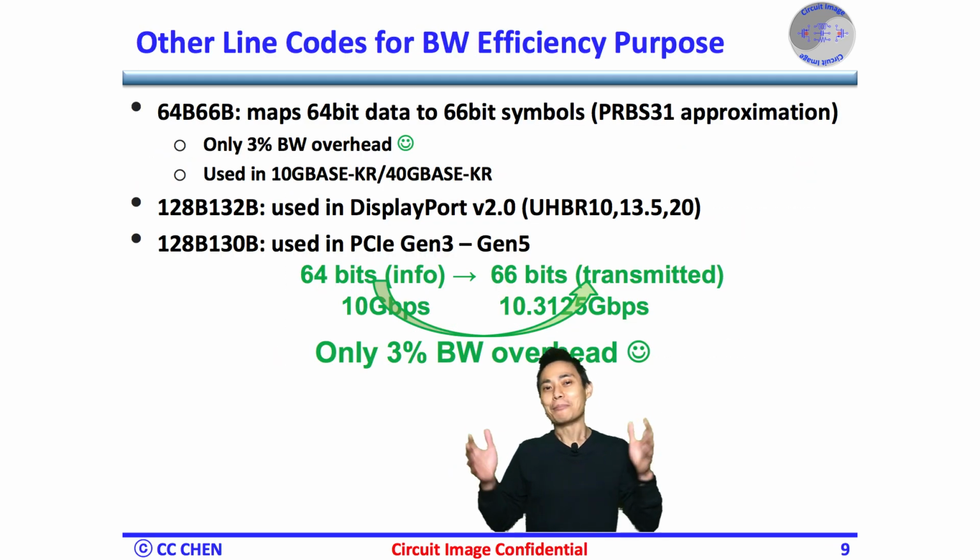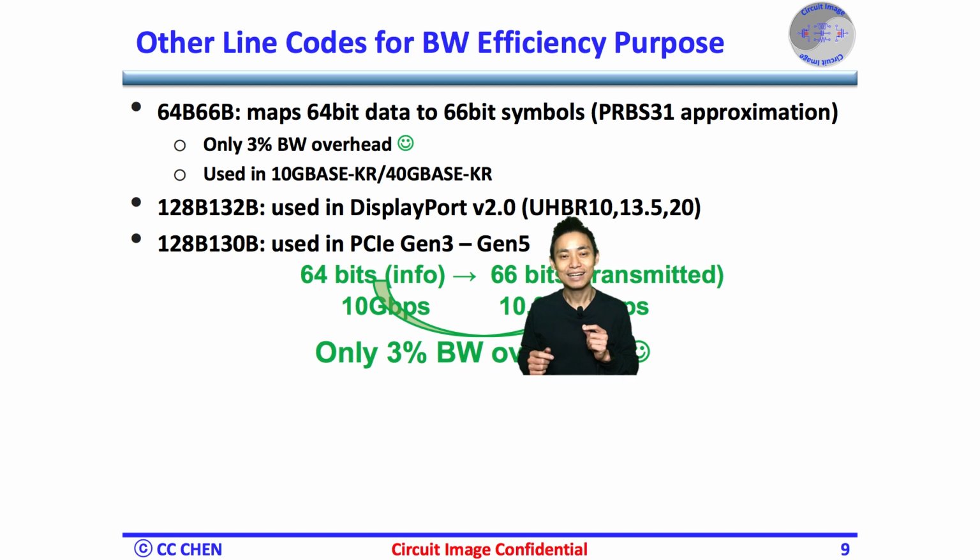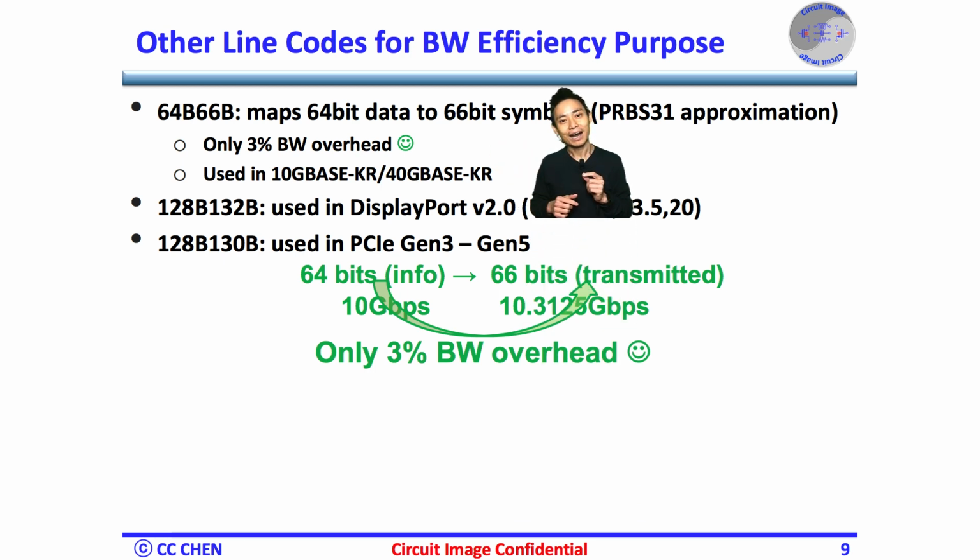So, I'm not surprised. Another 64b/66b encoding was used in other high-speed or high data rate standards like 10GBASE-KR or 40GBASE-KR. The encoding bandwidth overhead can be reduced to as little as around 3%.